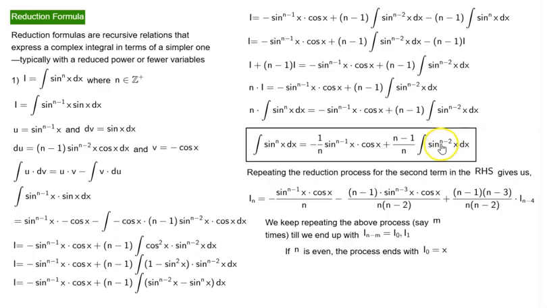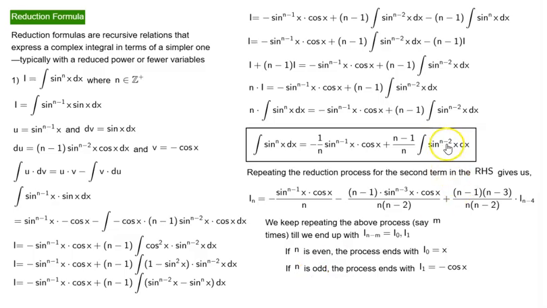Or in other words, here, as we keep subtracting 2, the even number will reach 0, so that we end up with integral of sine to the power of 0 x dx. That is nothing but 1 dx. And 1 dx is nothing but x. Okay. But what happens if n is odd?